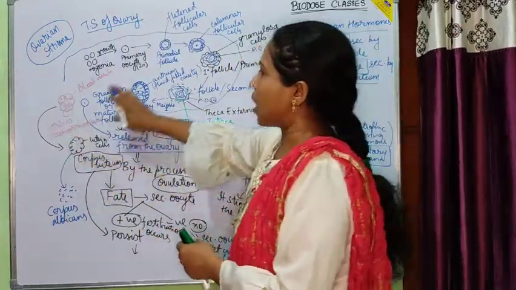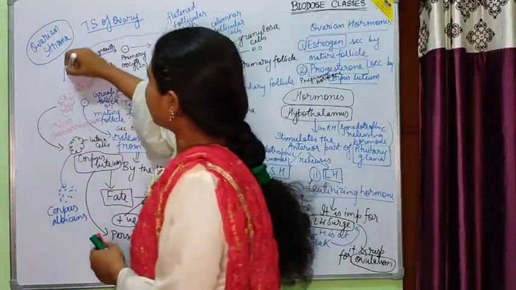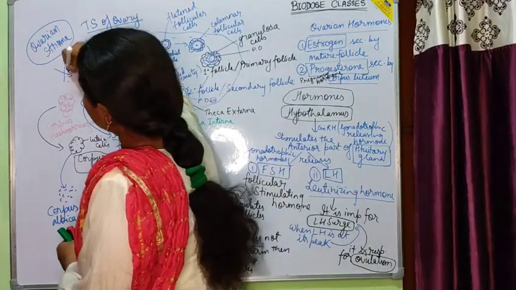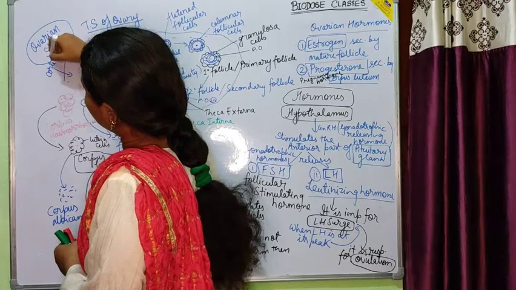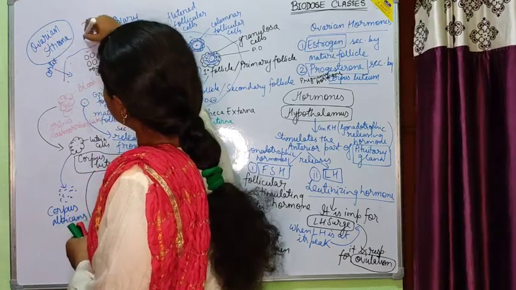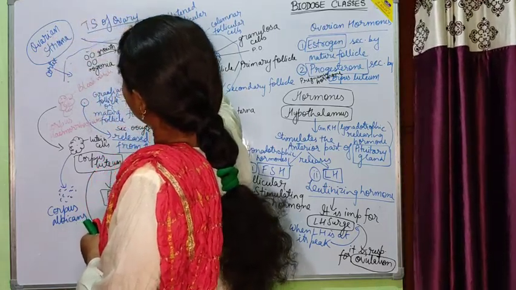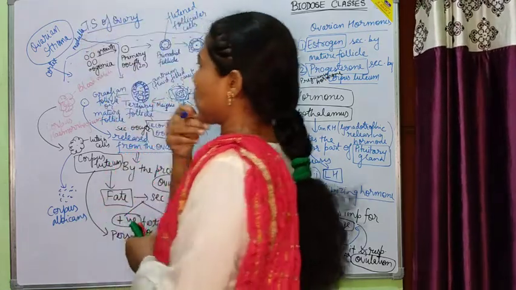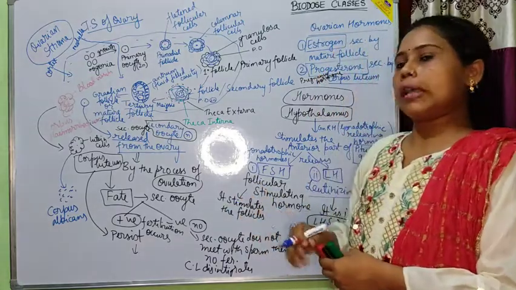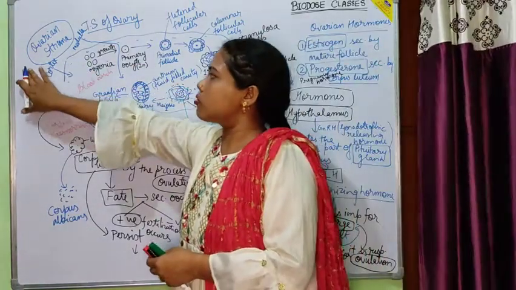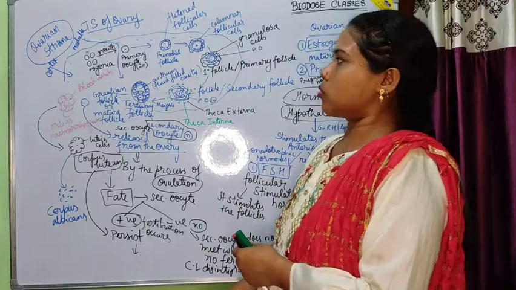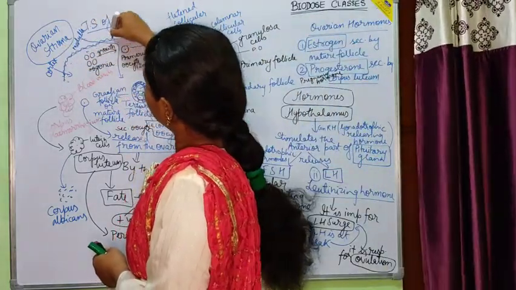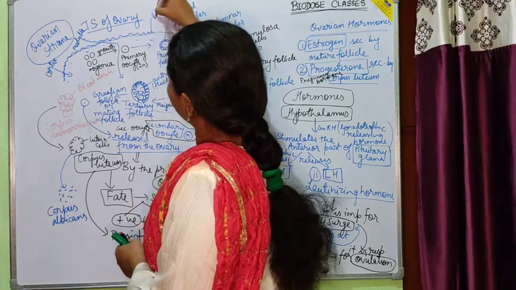So when we do the transverse section of the ovary, the part present at the periphery is known as the ovarian cortex, and the inside structure is known as the medulla. Together, the ovarian cortex and ovarian medulla are known as ovarian stroma, and these are lined by germinal epithelium.